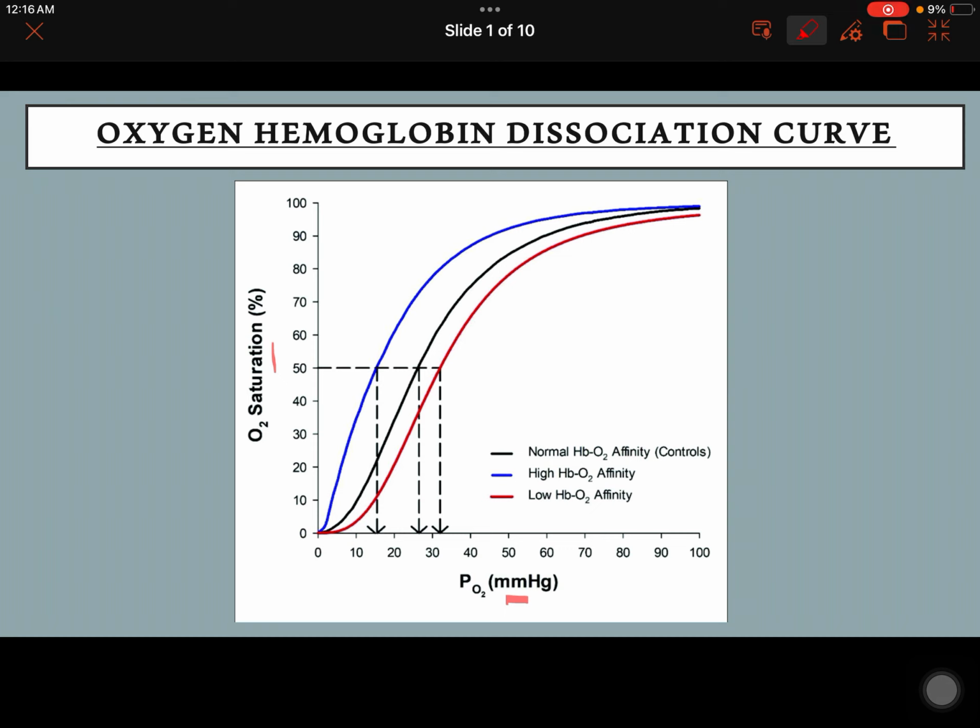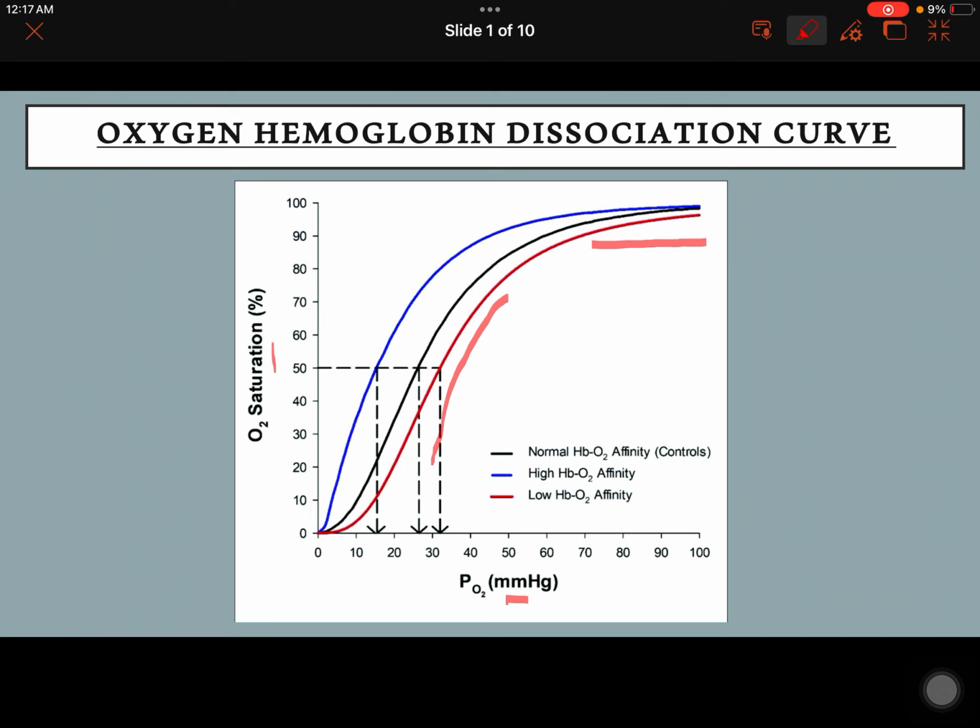Overall, the curve has one particular shape, the S shape. This S-shaped curve has two parts basically. One part is the flat upper part, also called the plateau region, and the other part is the lower part, which is quite steep. So we have two parts in this S-shaped curve: the flat upper part, the plateau region, and the steep lower part.